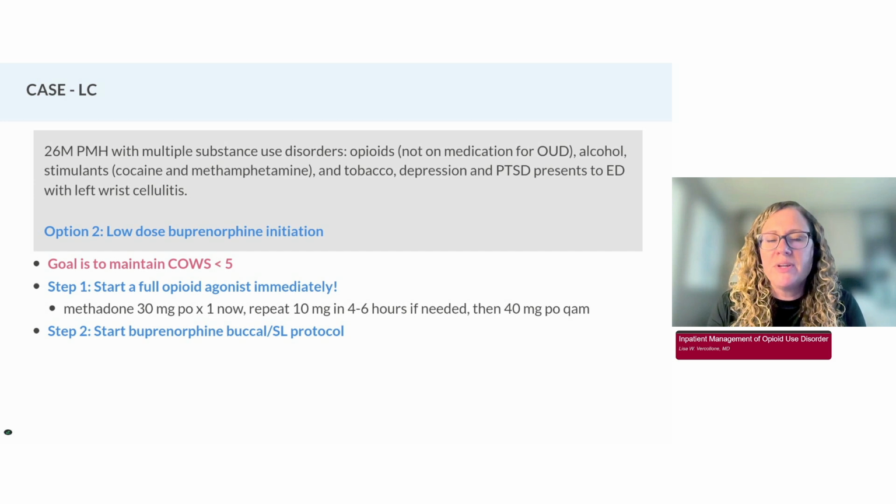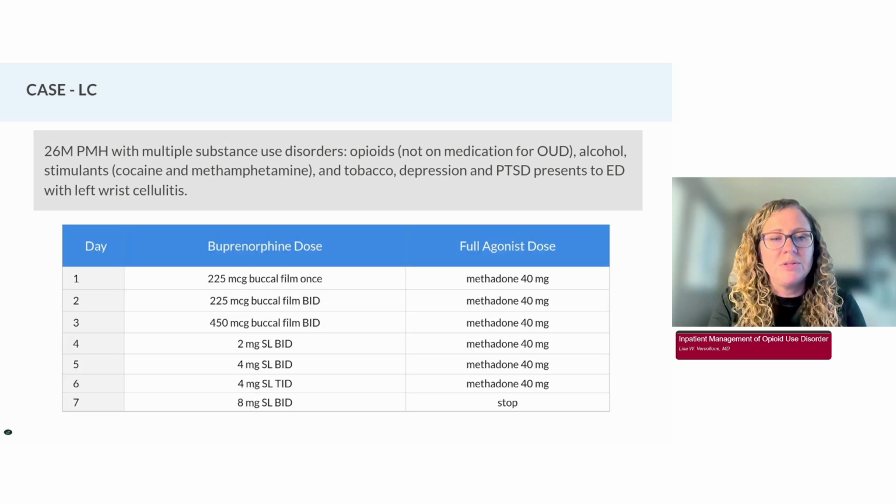So the first thing you want to do if you're going to do a low dose initiation is start a full opioid agonist immediately. And oftentimes we'll do that with methadone. So we get somebody on methadone, usually going to require 40 milligrams a day. And then we start our buprenorphine sublingual or buccal protocol, or however your institution decides to do it.